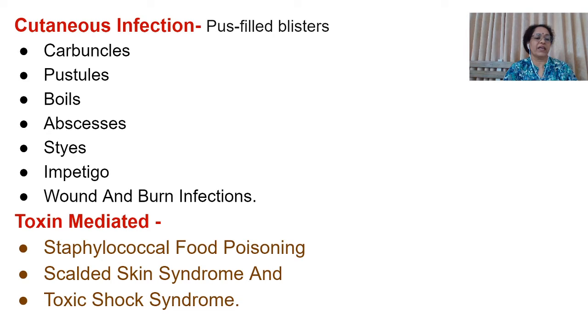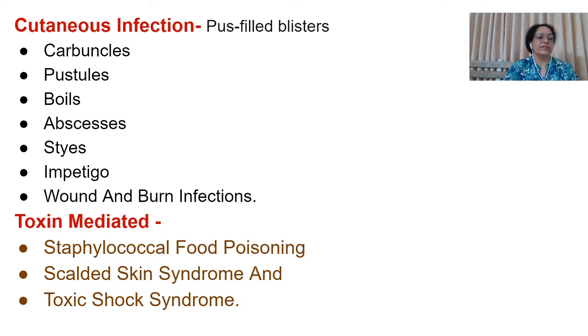That is, again, the mechanical barrier is disturbed, and so wound infection by Staphylococcus aureus occurs. Every time one can see pus formation in all these types of lesions on the skin. Again, it is a highly painful condition, with yellow-colored pus along with abscesses as well as pustules.